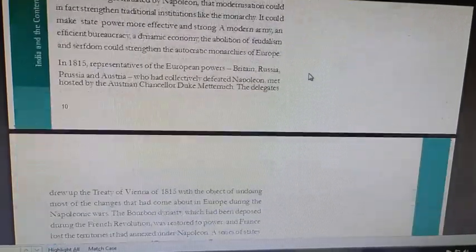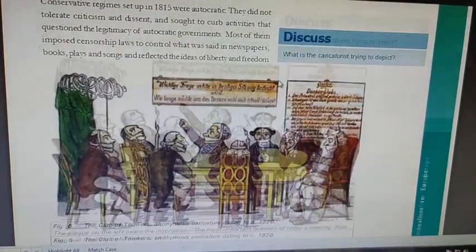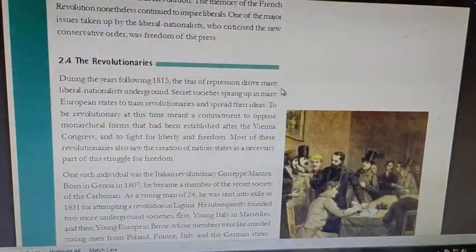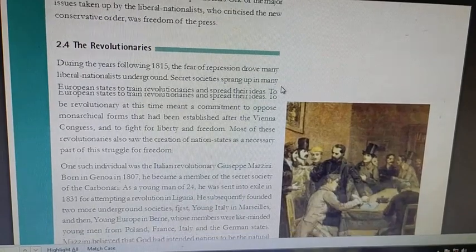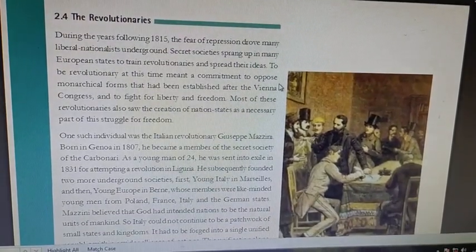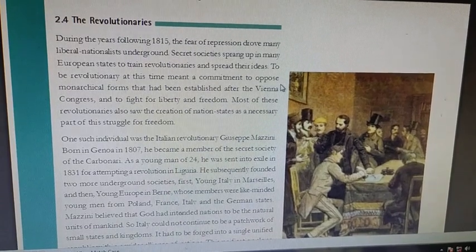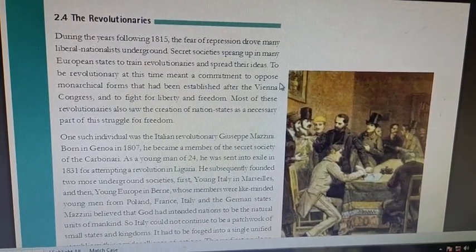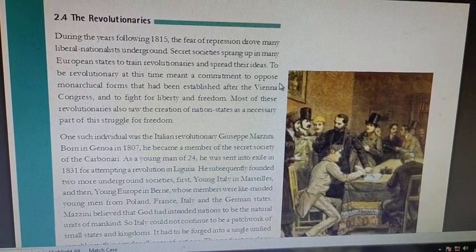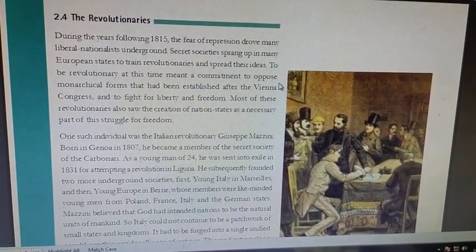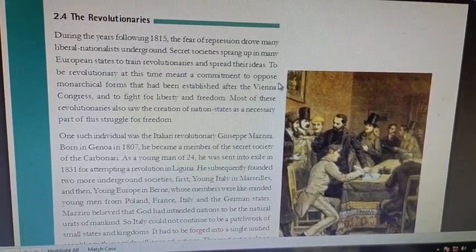Here you can see the picture also. Now we'll talk about the revolutionaries. To be revolutionary at this time meant a commitment to oppose the monarchical forms that had been established after the Vienna Congress and to fight for liberty and freedom.